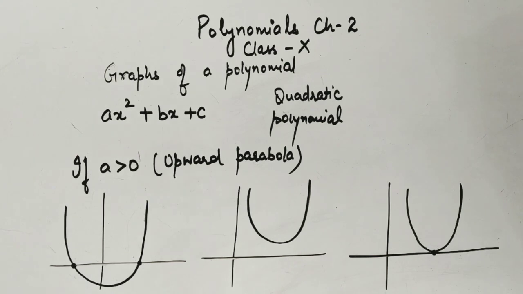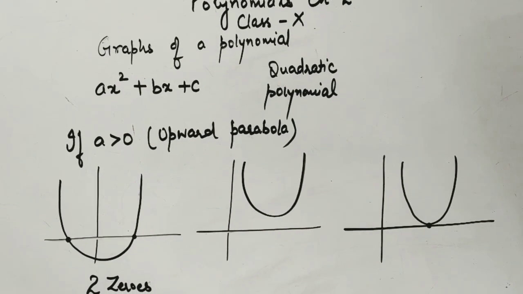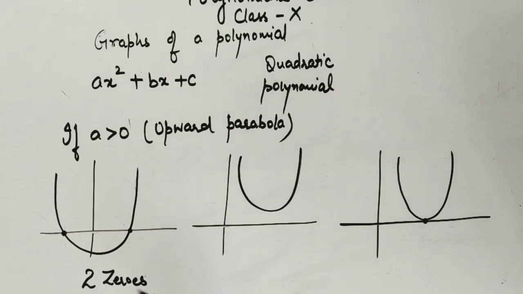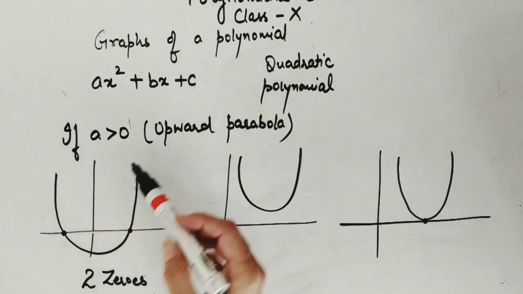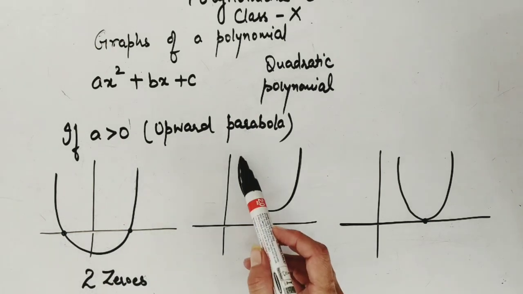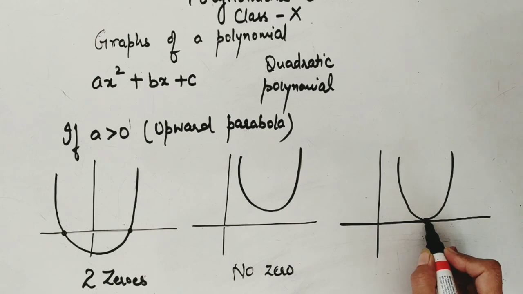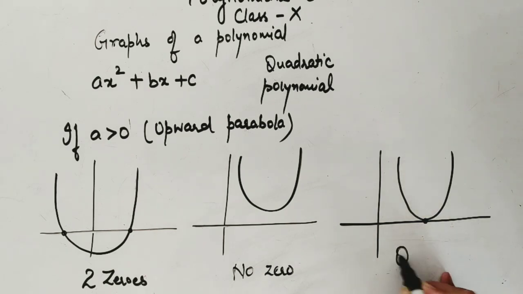Because if I talk about your first exercise, you have to check the graph. From there you have to find out how many zeros it has got. So if the curve is meeting at two distinct points, it has two zeros. If it's not meeting anywhere, it has no zero. Meeting at one point, so it's one zero.